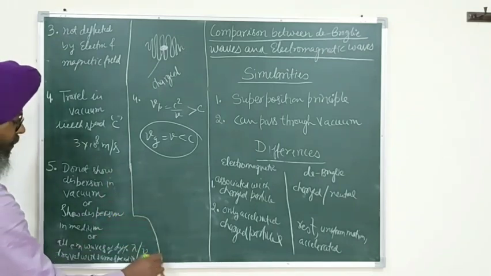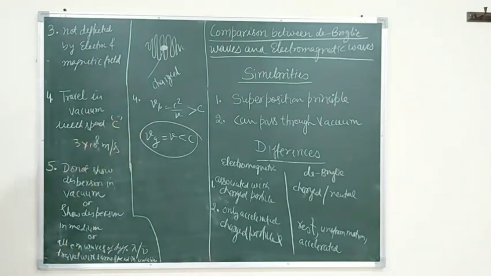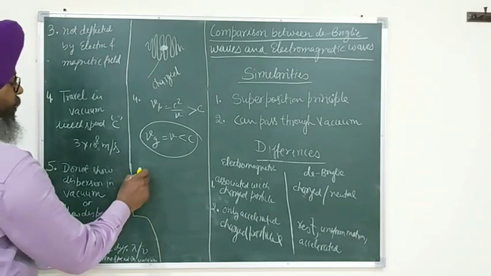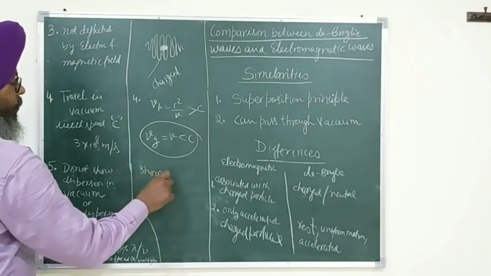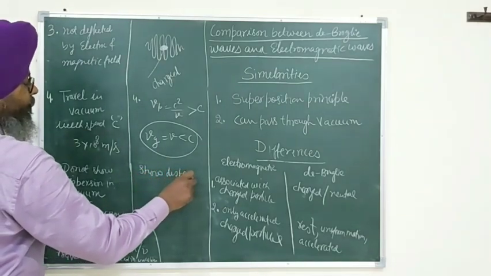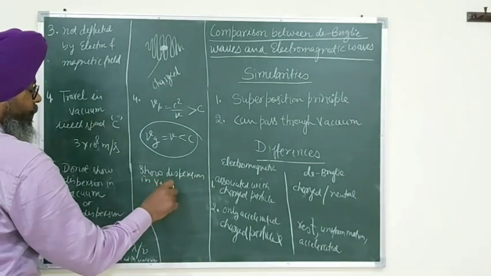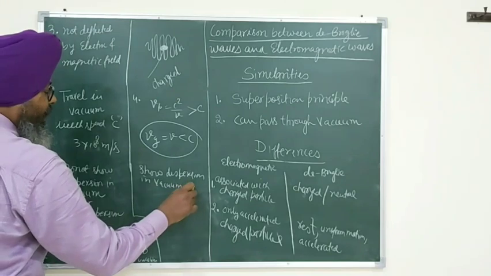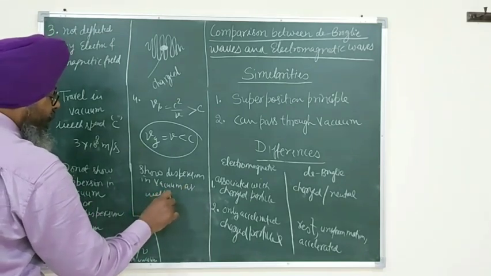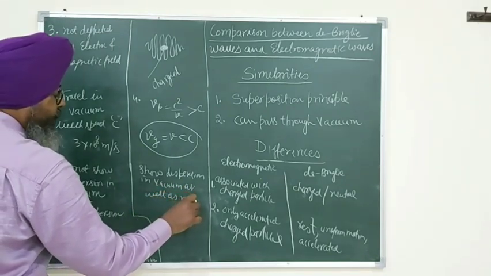Now this is totally opposite in the case of de-Broglie waves. What happens? The de-Broglie waves show dispersion in vacuum as well as in a medium.